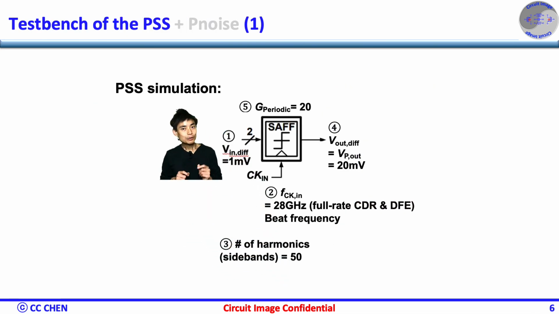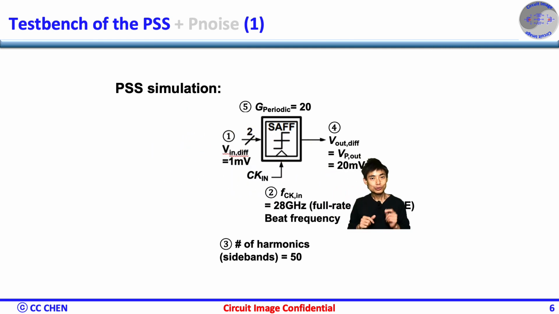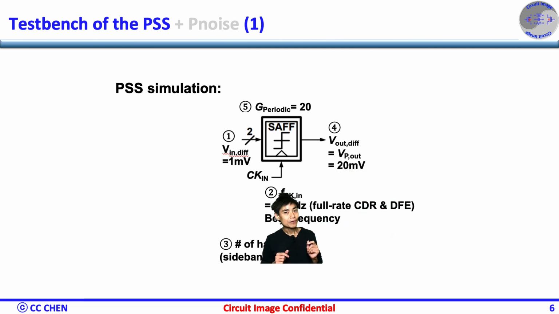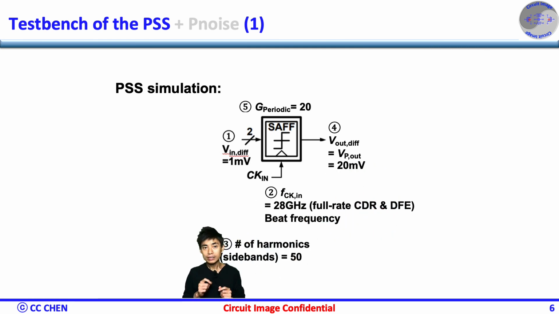First, starting with the PSS simulation by setting the sampler's differential input swing equal to 1 mV. In addition to defining the fundamental or bit frequency of the clock, 28 GHz here, you must specify the number of harmonics fitted in our example.